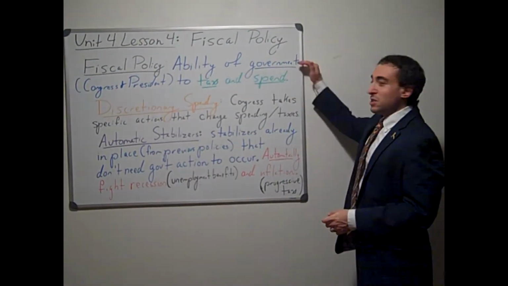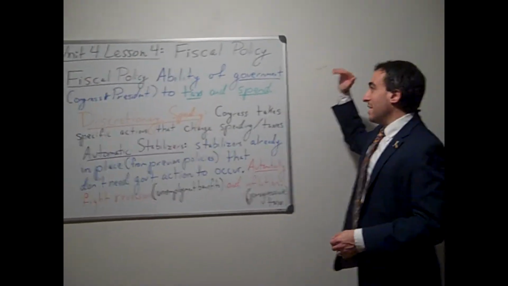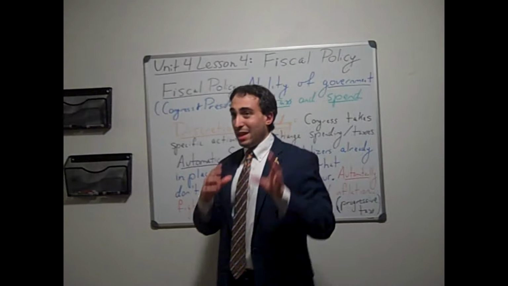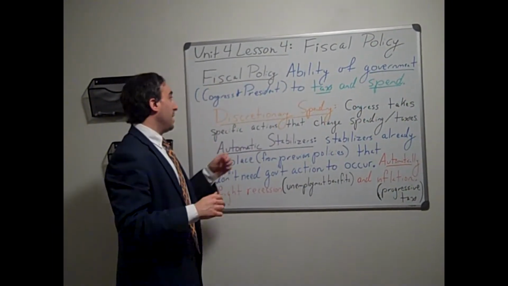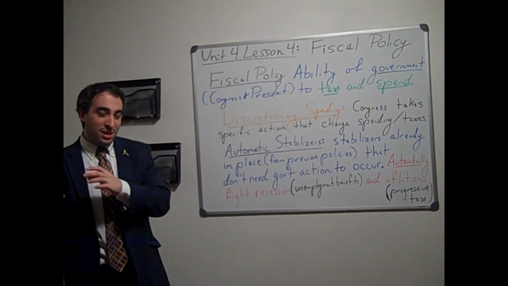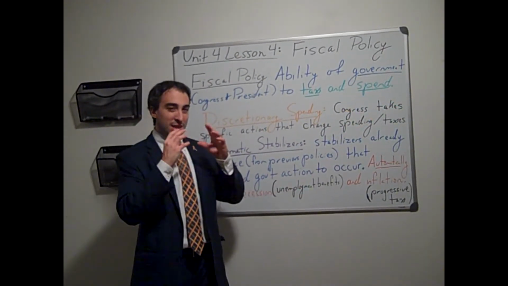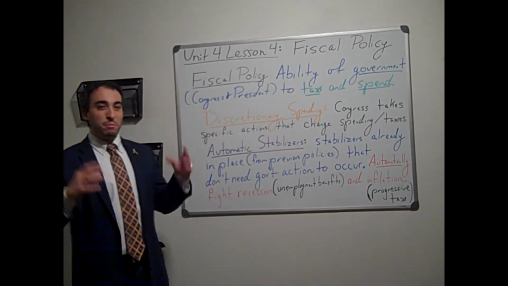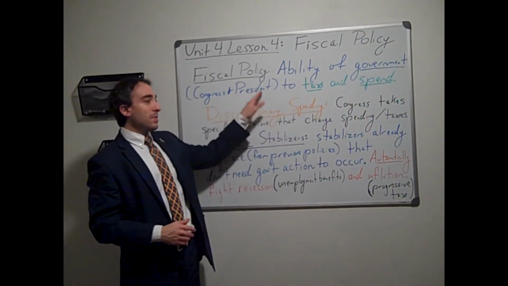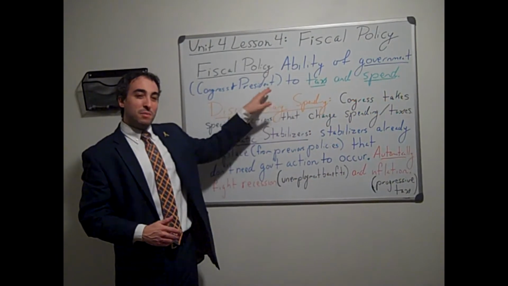So, fiscal policy is the ability of government, and when we say the government, specifically in the United States, it is Congress. All spending bills start in the House, then they must be approved by the Senate, and then when both houses agree on a spending bill, that must then be signed by the president.